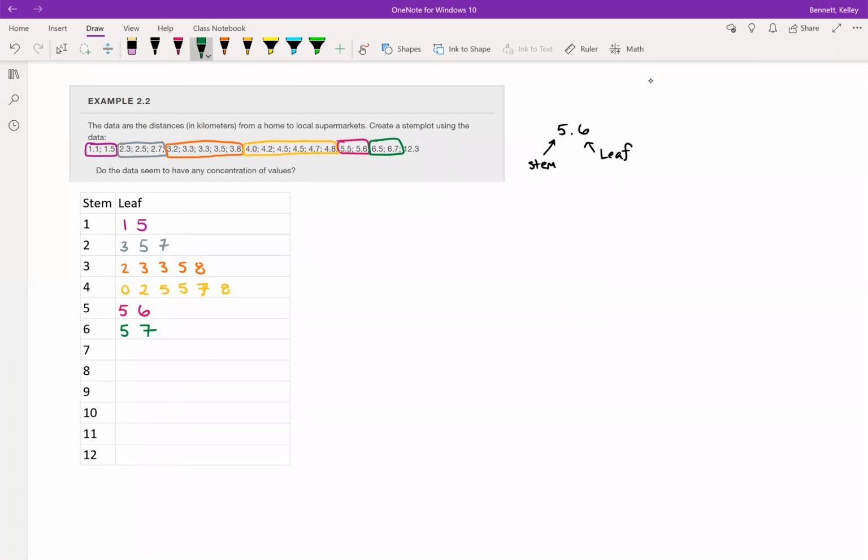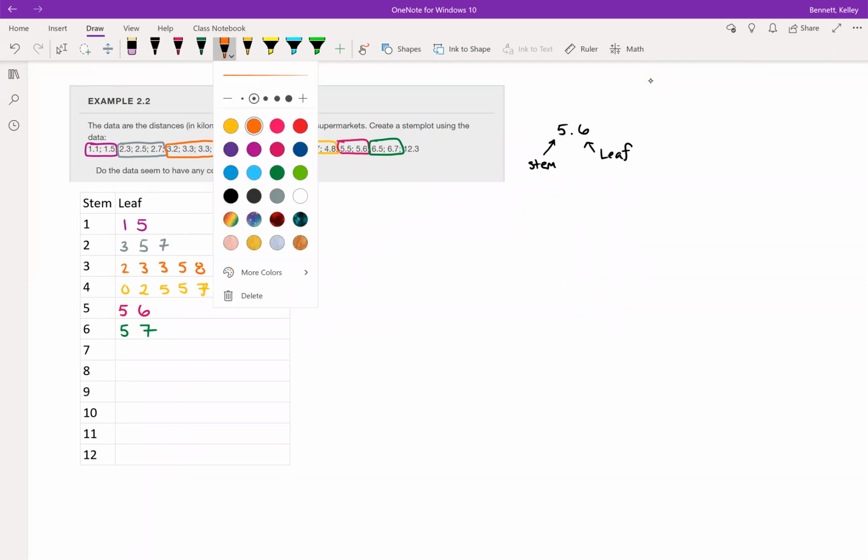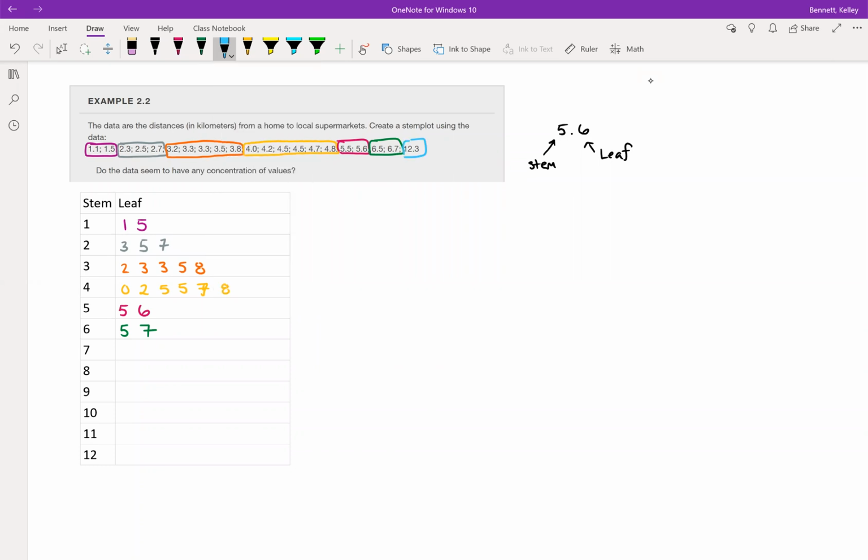The next thing that comes up for us is going to be the 12.3. So for the 12, I'm going to write 3 to represent 12.3. Now what I'm looking at is the data looks good. It's chunked together in a natural way for the data points between 1 and 6.7.